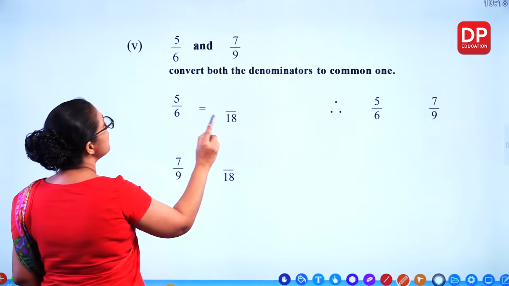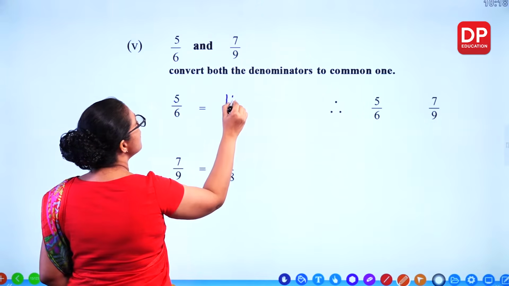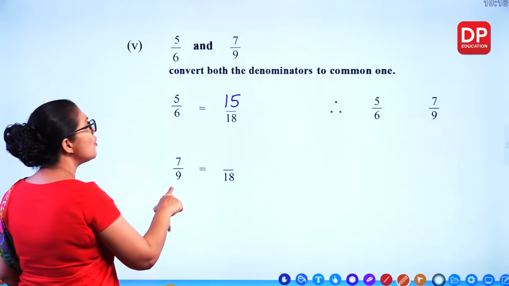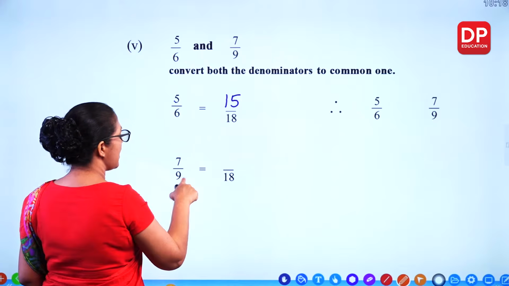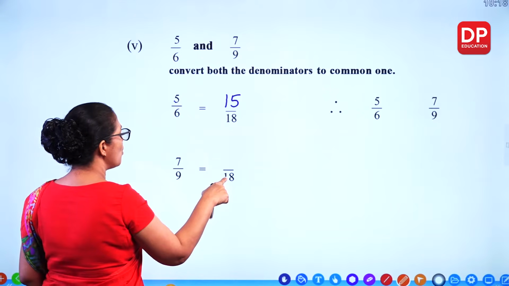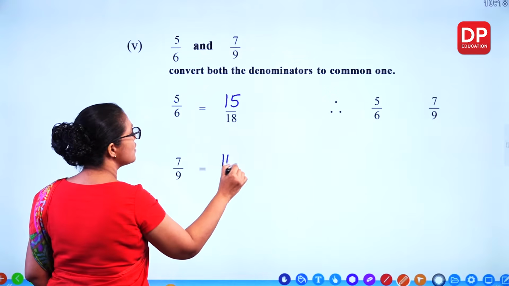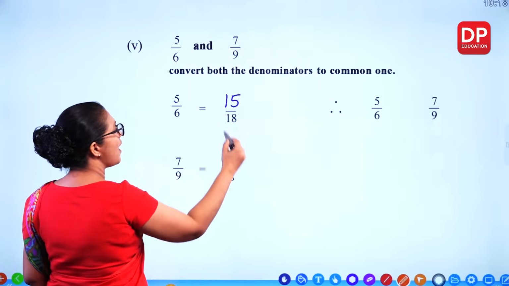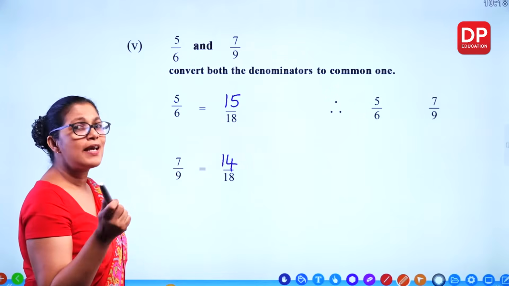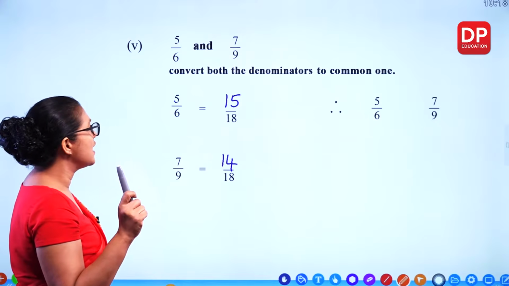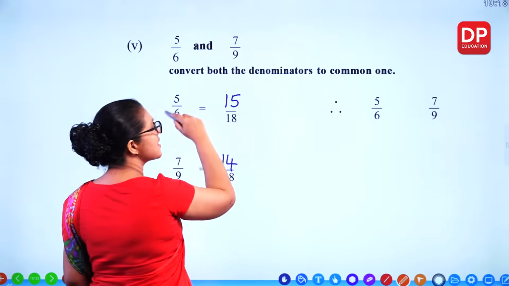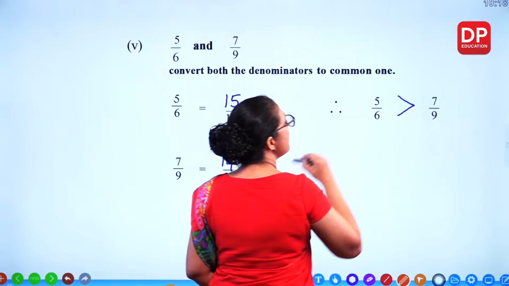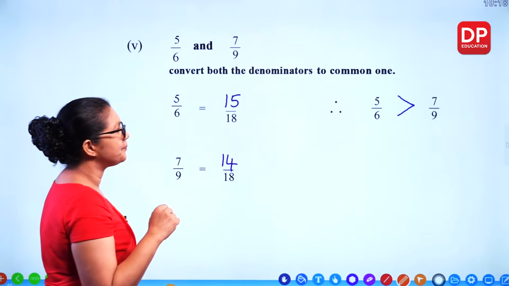So multiply by 3. 3 times 5, 15. 7/9 also you have to convert to 18. 9 to 18, multiply by 2. 2 times 7, 14. Now you can compare these two. Which one is bigger, 15 or 14? 15 is bigger. That means 5/6 is bigger than 7/9.